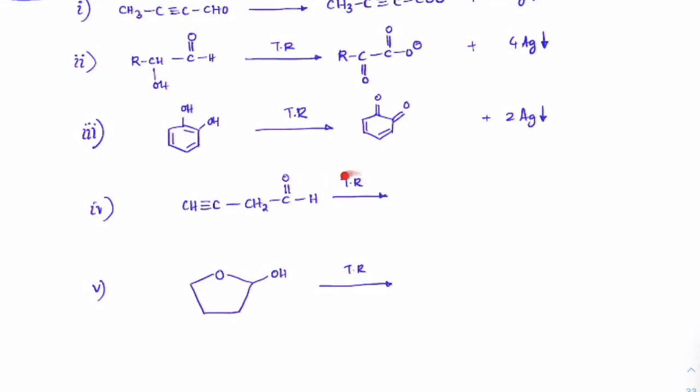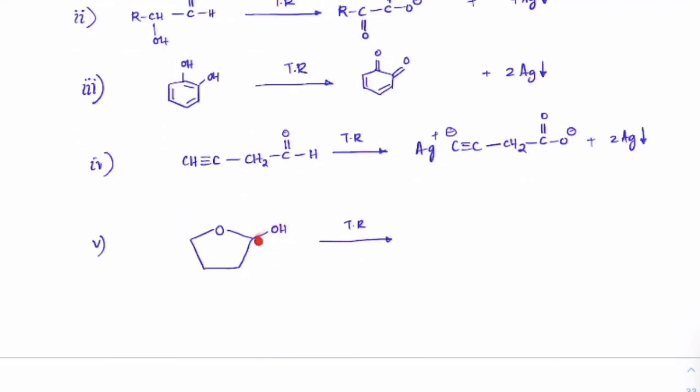Next, if you see, we have an aldehyde here, and on the other side we also have a terminal alkyne. The terminal alkyne also will undergo reaction, not oxidation here, just an acid-base reaction to form a salt on that side, and this side will have the proper reaction plus 2 moles of Ag.